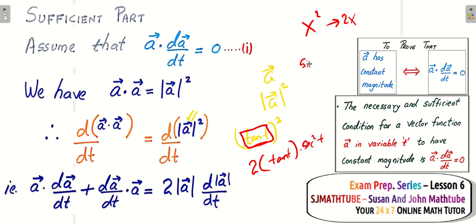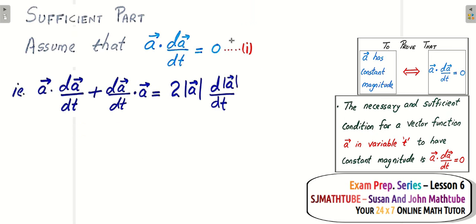Suppose you want to differentiate sin t the whole square. The same story, something square. So 2 into sin t, and then the derivative of sin t, which is cos t. Now look at mod A the whole square. I told you this is a scalar function. So the derivative will be 2 into mod A, and then the derivative of mod A. Oh, but what is our assumption?